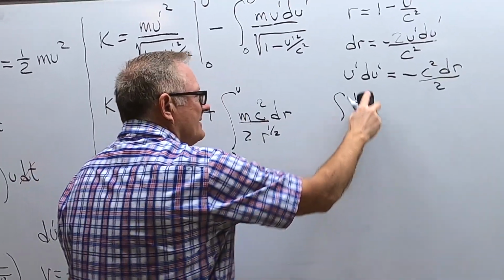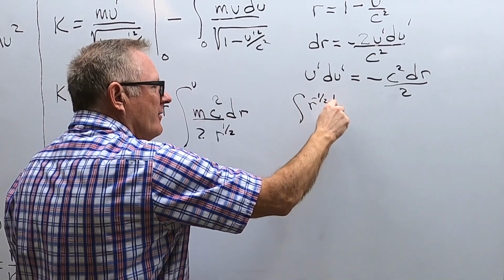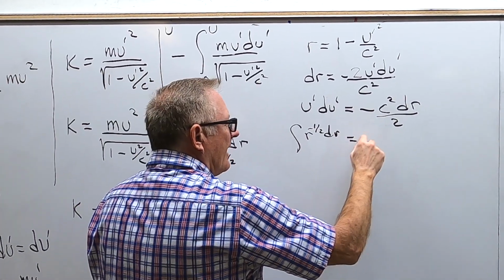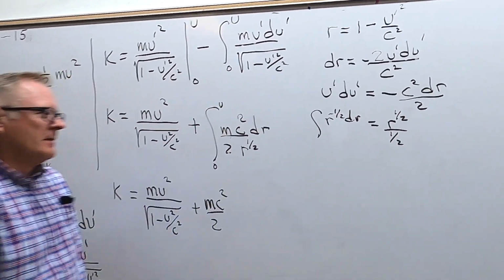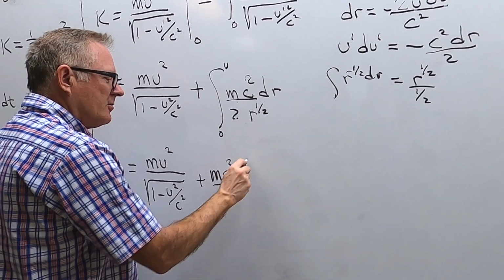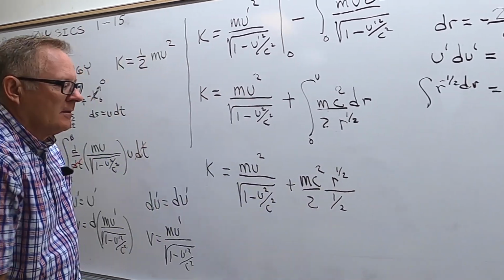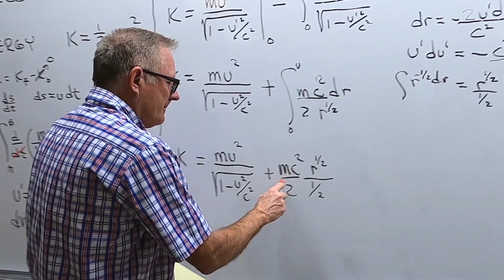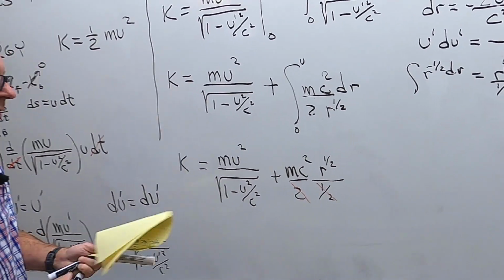Well, actually, let's just say it's r to the minus 1/2 dr. Well, the integral of r to the minus 1/2 is r to the 1/2 all over 1/2. So this would just be r to the 1/2 divided by 1/2. Well, the 2's drop out, so we get rid of the 2's.